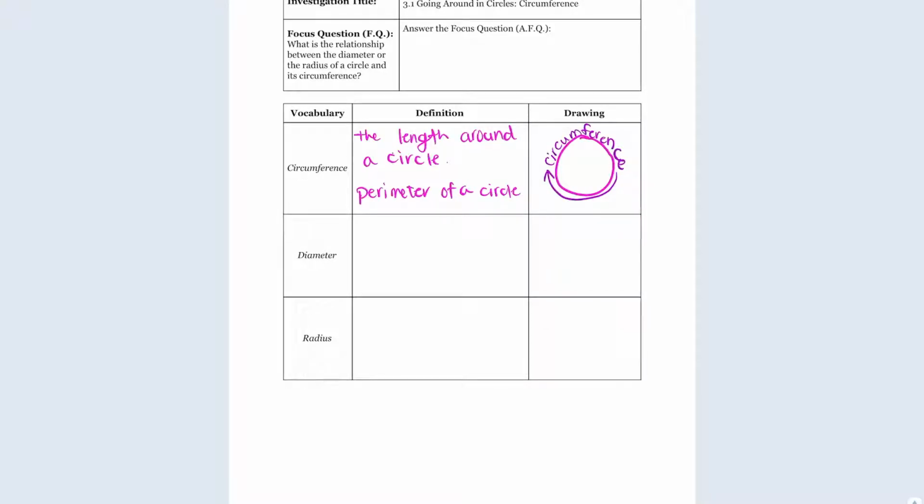Now the diameter is a part of our circle.